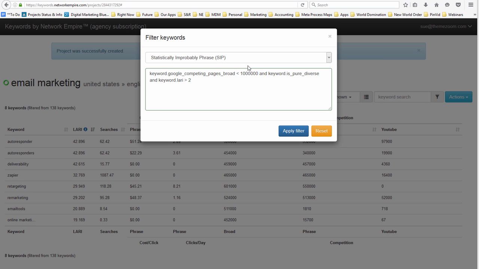So in other words, they're going to be market-specific keywords. And the thing with statistically improbable phrases that are market-specific is that they're also oftentimes expert verbiage. Now, they don't have to be, but oftentimes they are.